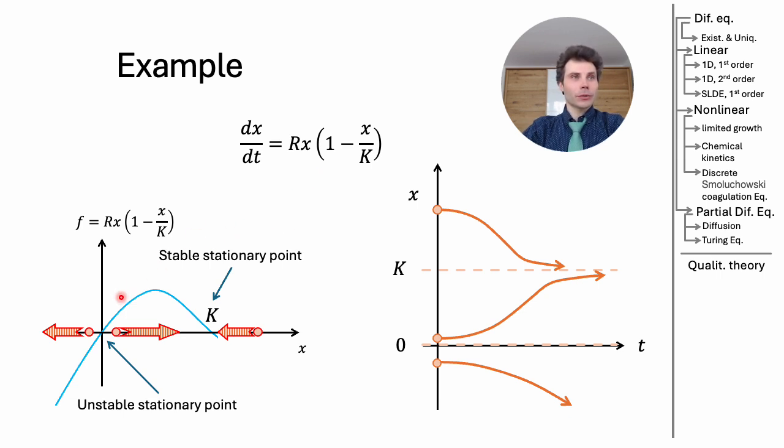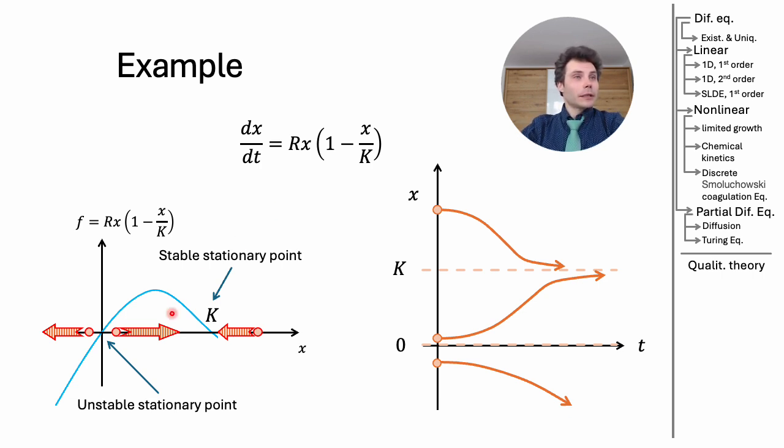And here, in the previous lecture we solved this equation explicitly, so we know its behavior. But also we can study it qualitatively, as we just described. So here is the general look of the right-hand part of the equation. The horizontal axis is x, the vertical axis is f, meaning the right-hand part of the equation.